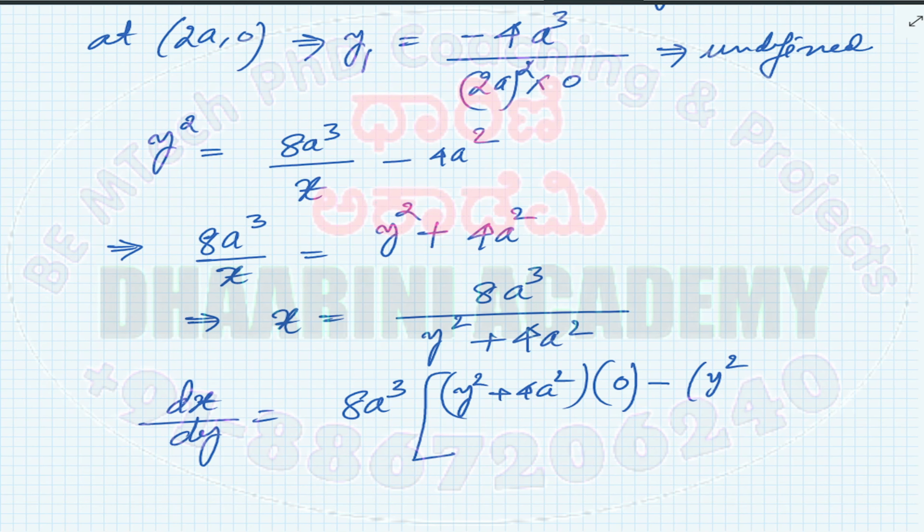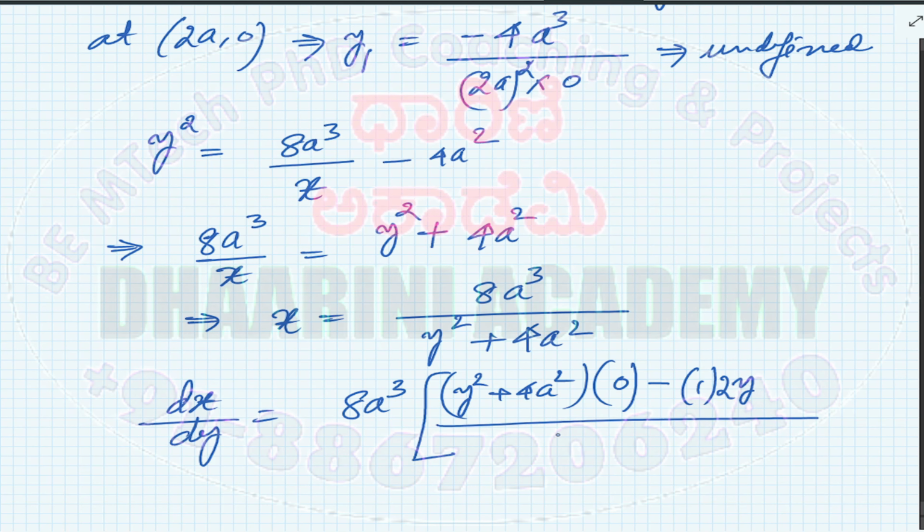minus, so I'll write the derivative of this first. So numerator into derivative of the denominator. I'm trying to do this with respect to y itself. So you see, derivative of y square is 2y. This is the term, whole divided by y square plus 4a square, the whole square.